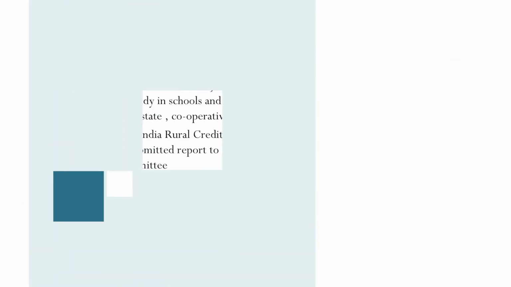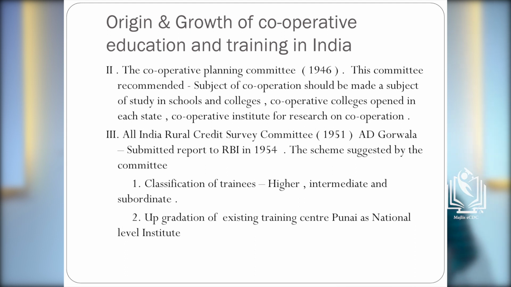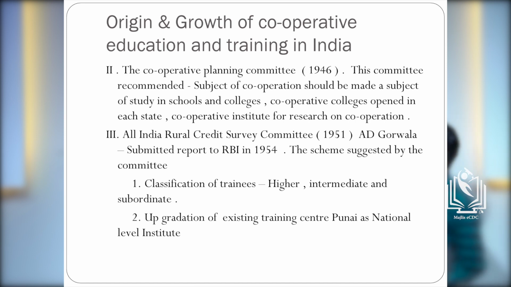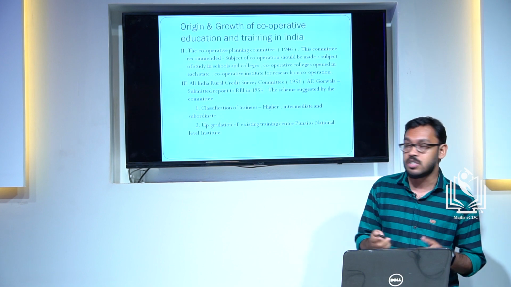Moving to the second scheme suggested by the All India Rural Credit Survey Committee, that is the upgradation of the existing training center at Pune as a national level institute. This center was started in Pune, and it was upgraded as a national level institute.